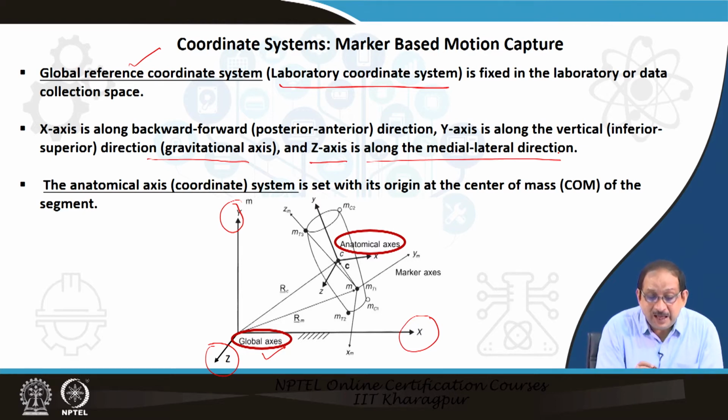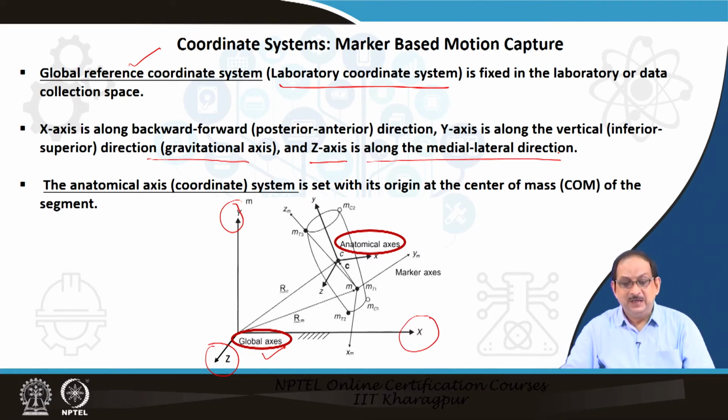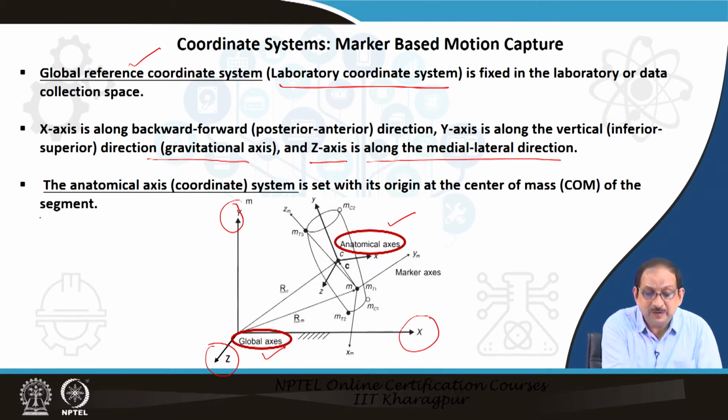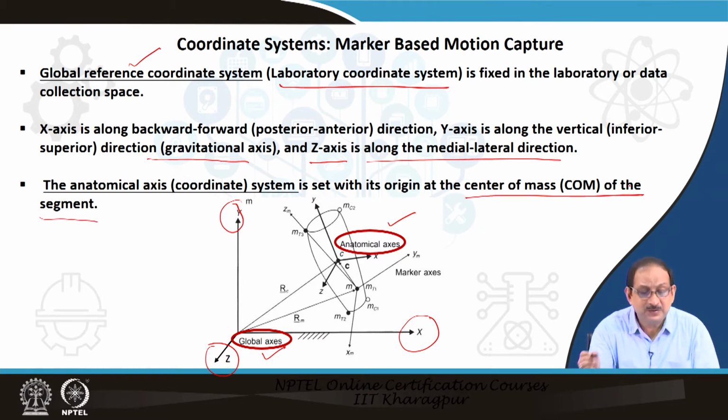Now, the anatomical coordinate system, as indicated in the figure, is set with its origin at the center of mass of the body segment.